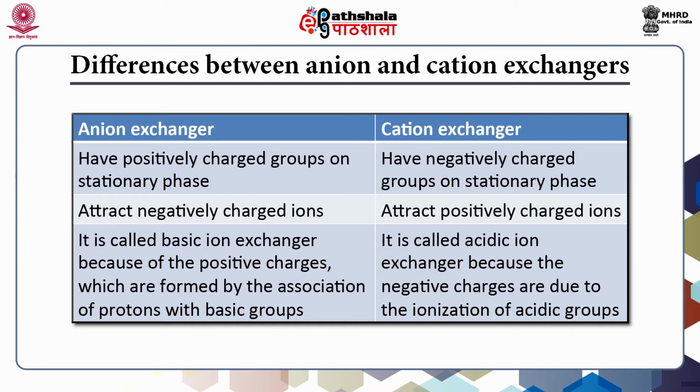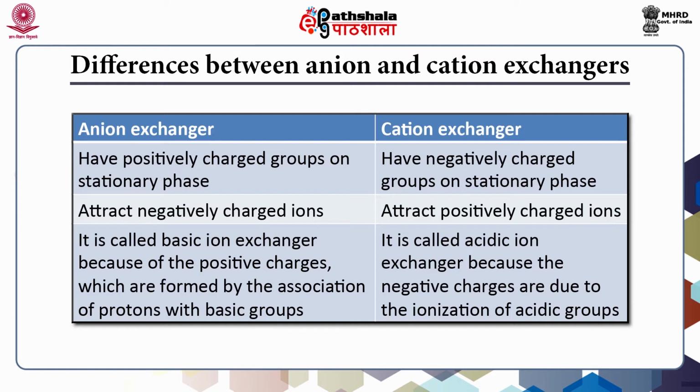That is why the anion exchanger is also called as basic ion exchanger. On the contrary, the cation exchanger is called as acidic ion exchanger because the negative charges present on the surface of the acidic ion exchanger or cationic exchanger are mainly formed due to the ionization of acidic groups.